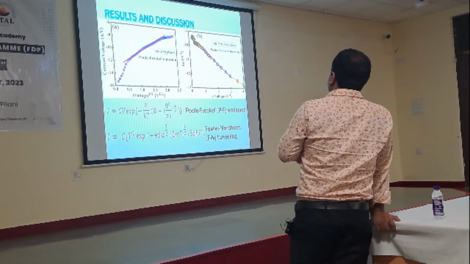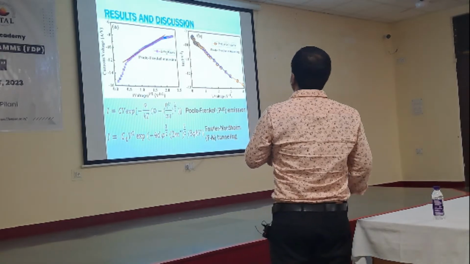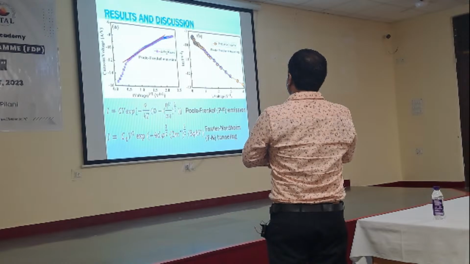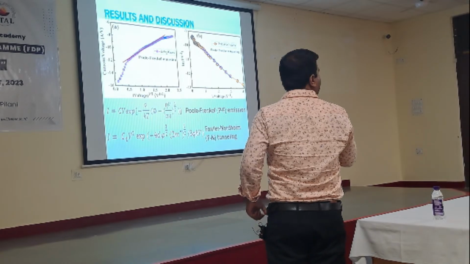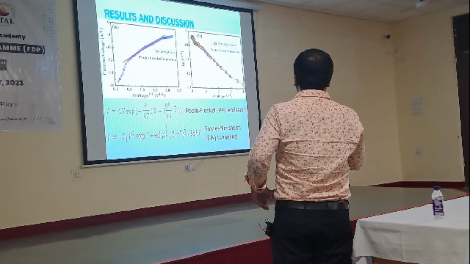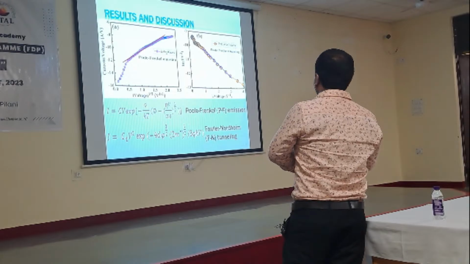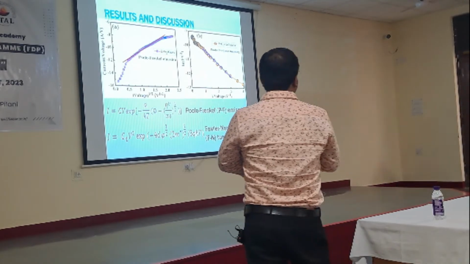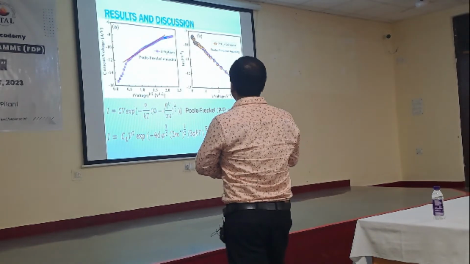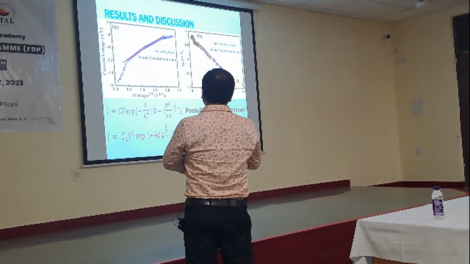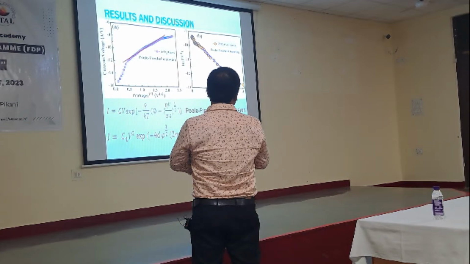This is another study to confirm what kind of electron transport actually takes place. From 0.5 to 2.44 volts, this is actually Poole-Frenkel. There are many conduction models: Poole-Frenkel, Fowler-Nordheim tunneling, and thermionic emission. To ensure what kind of electron conduction is taking place, for confirmation I have also systematically studied the current-voltage characteristics.